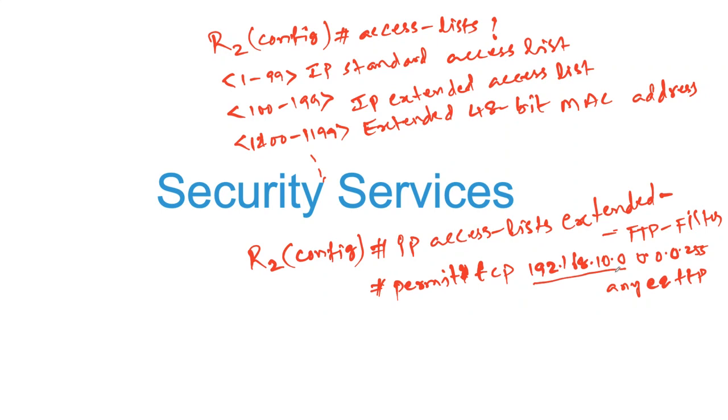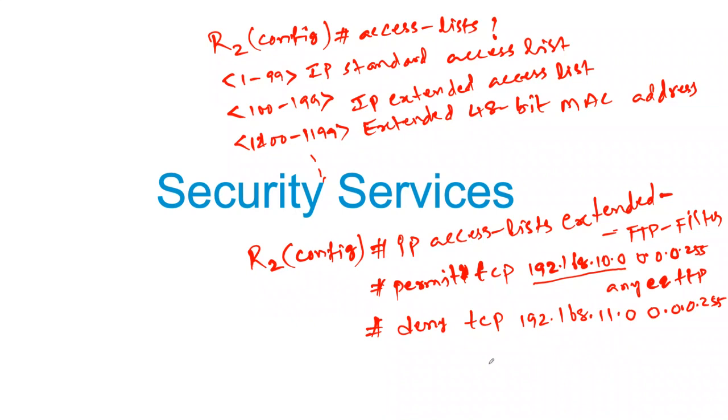And if you give that deny TCP from a network 192.168.11.0, and all the users from that network, with the wildcard 0.0.255.